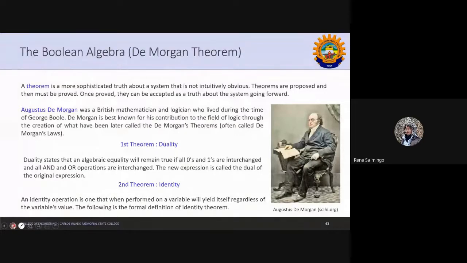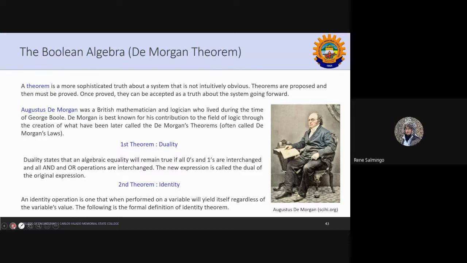De Morgan is also an English mathematician and logician who developed his work during the time of George Boole. He's best known for his contribution to the field of logic through the creation of these theorems we call De Morgan's laws. He has established the theorem of duality and the identity.